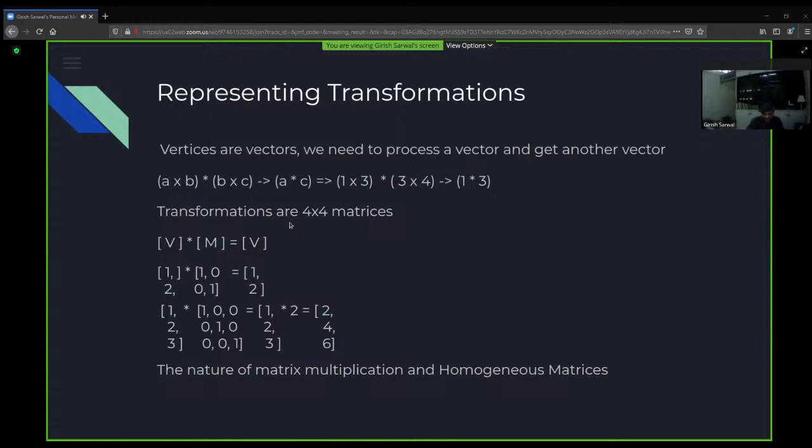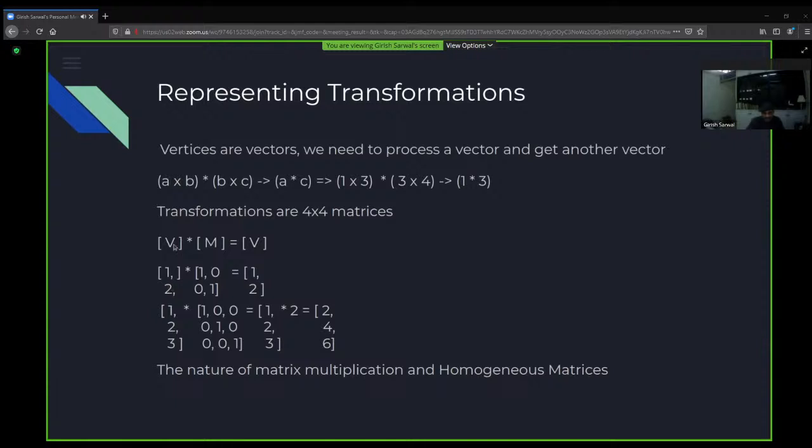So if our vector looks something like this, with X, Y, and Z, and if you multiply that with a 3 cross 4, sorry, I think I made a mistake here. If you multiply that with a 3 cross 3 matrix, you would get a 1 cross 3 matrix, which again looks exactly like the vector that you started with.